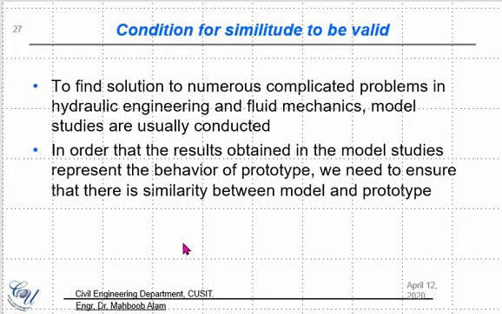You are making the thing smaller, but the rest of the things are the same. You have to ensure that the velocity is representative of the velocity in the prototype. It can be smaller or greater, but it should be representative. And we'll see how we make sure that these things are done.